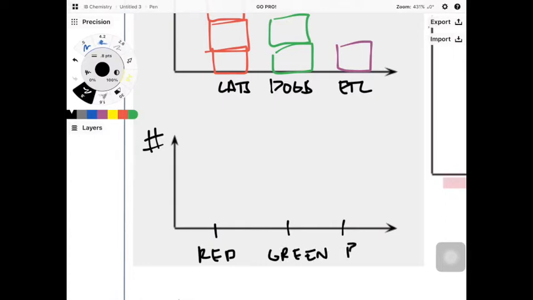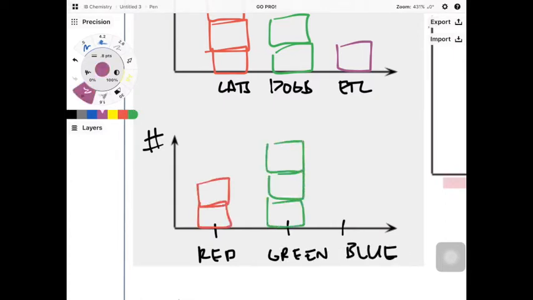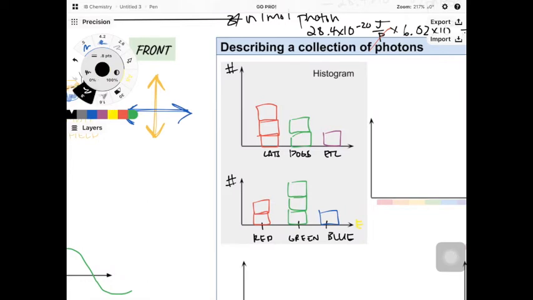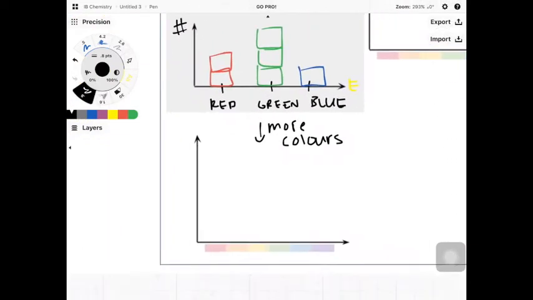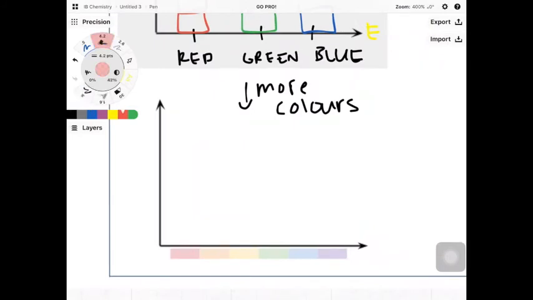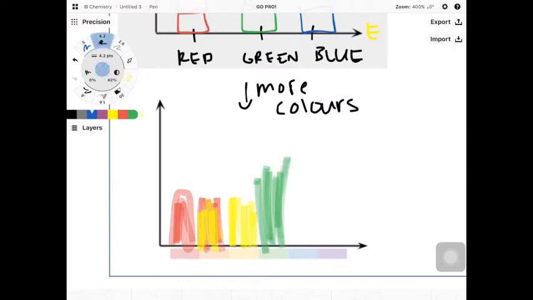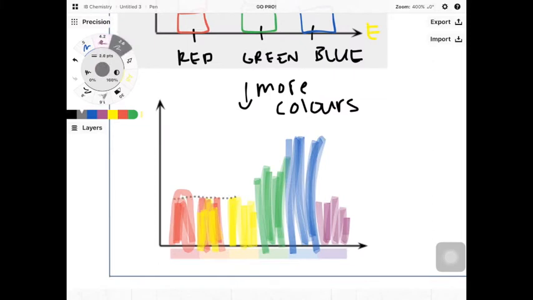And again, remembering that our different colors represent different energy levels, where red is the lowest and blue is the highest. And so again, we can use blocks to represent, for example, how frequent a photon of red versus green versus blue light is. Now, if we were to include all the visible colors of the spectrum, again, we could make a histogram showing the frequency or the number of photons in each different category.